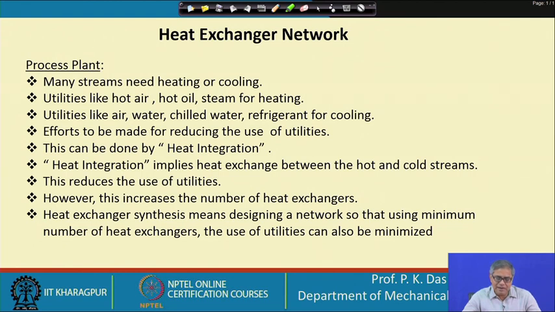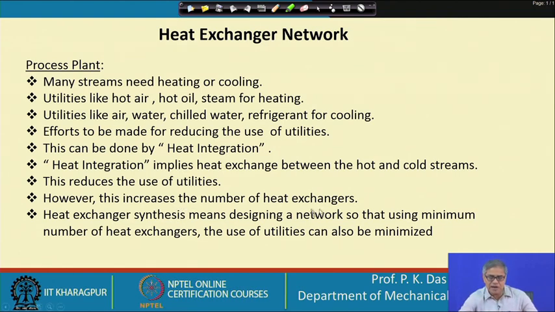This can be done by heat integration. Heat integration implies heat exchange between hot and cold streams. Some cold streams are to be heated and hot streams are to be cooled. Now, if we can do the heating and cooling mutually between these streams, obviously, from outside we need not have that much energy utilization. So, our operating cost will reduce.